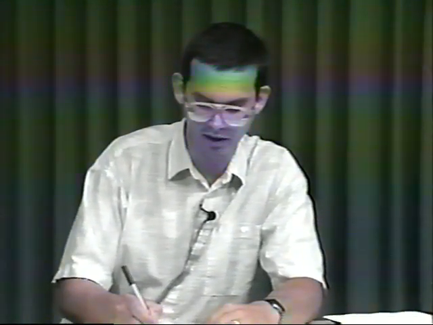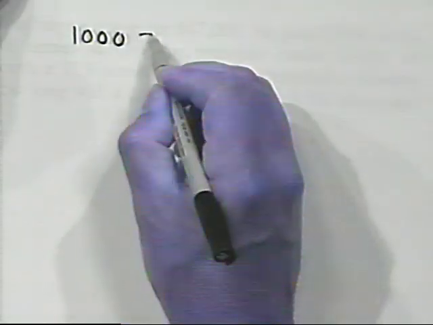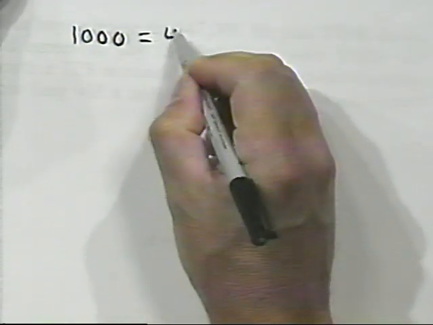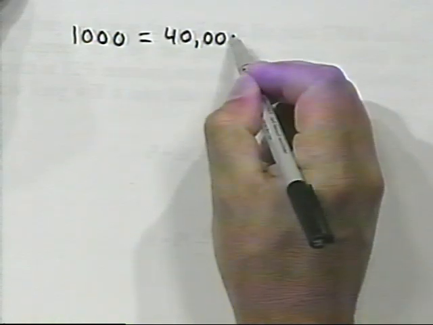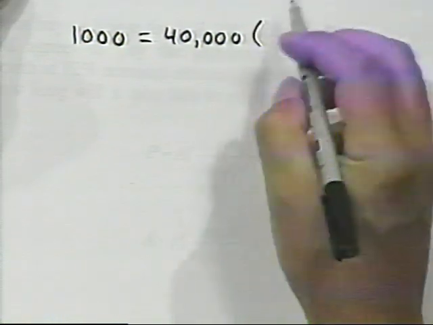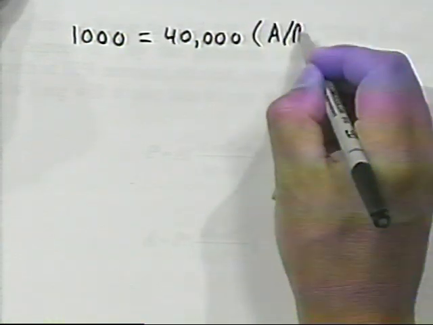Now, what we have is an annuity of $1,000, and that's going to be equal to the present worth of $40,000 times the capital recovery formula.